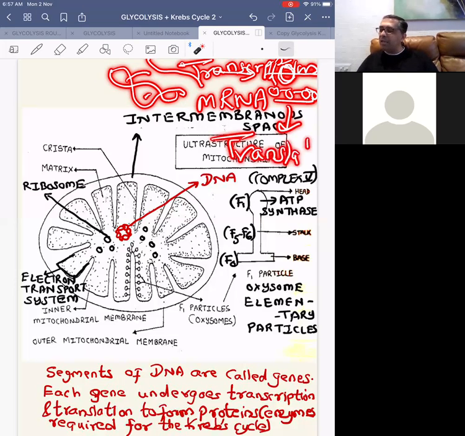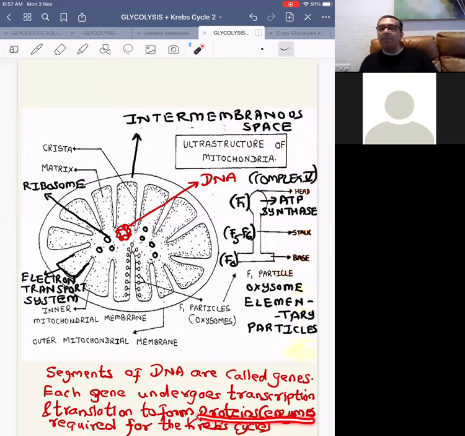And by transcription and translation, it forms proteins, enzymes. Which enzymes? It forms enzymes required for the Krebs cycle.